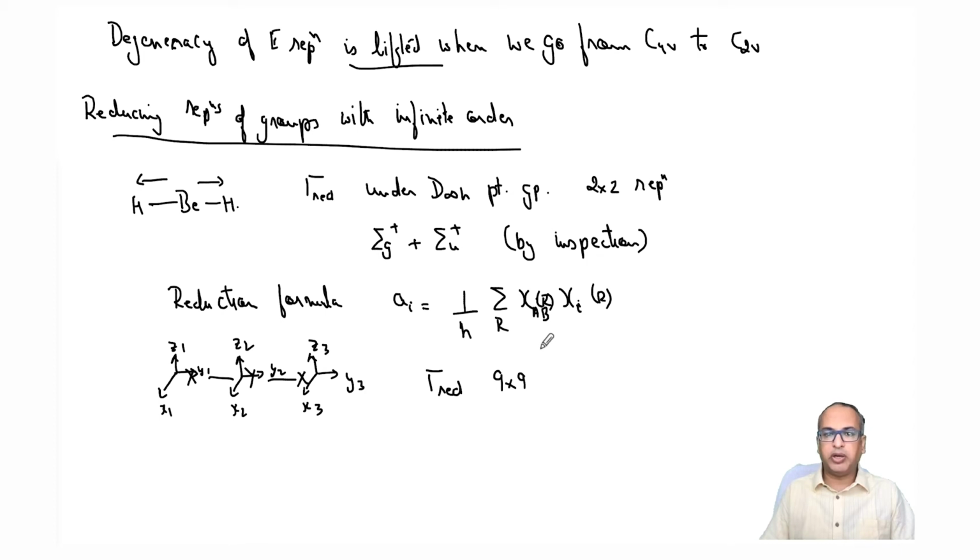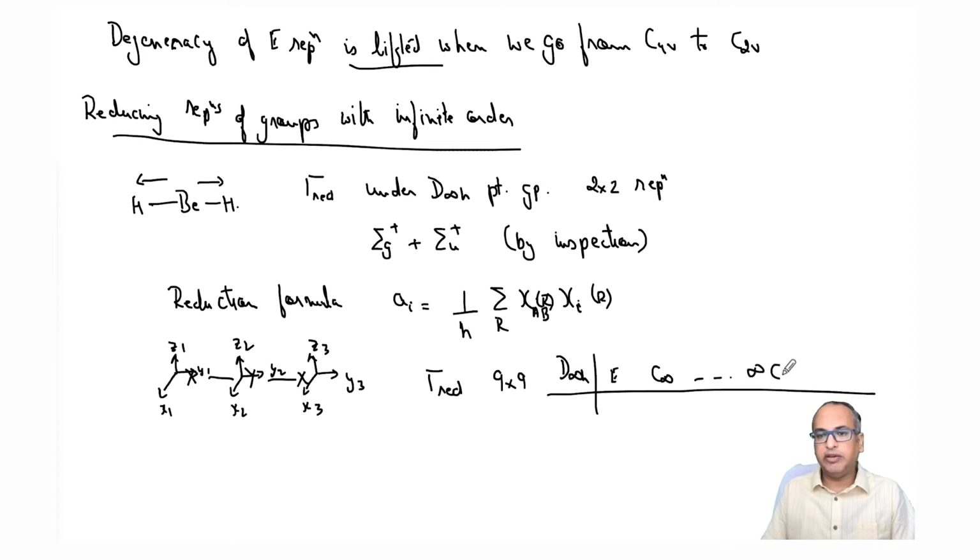infinity order, right? Because with infinity order, the creation, so let's say if we have d infinity h over here, and we have c infinity, phi, sigma v, and so on, right?